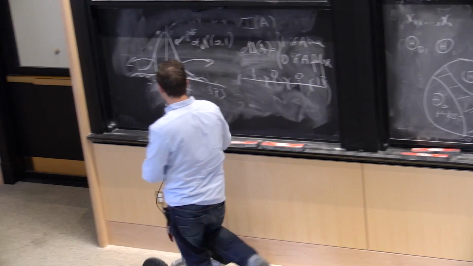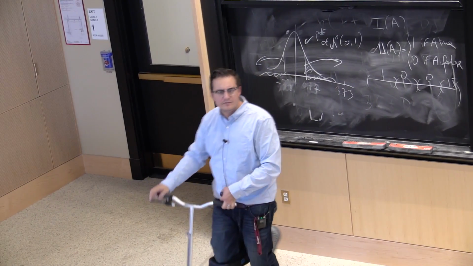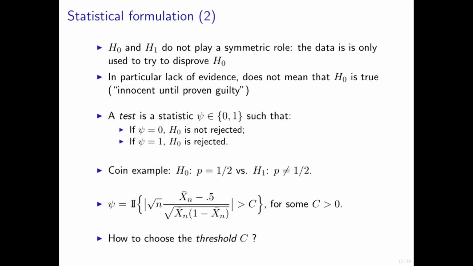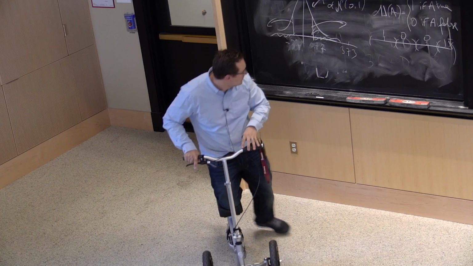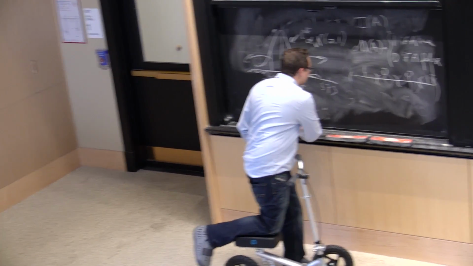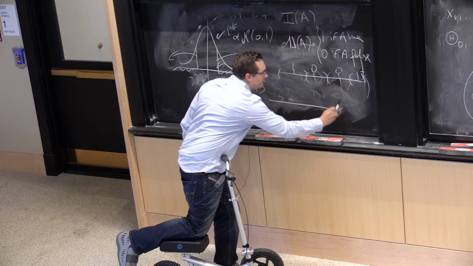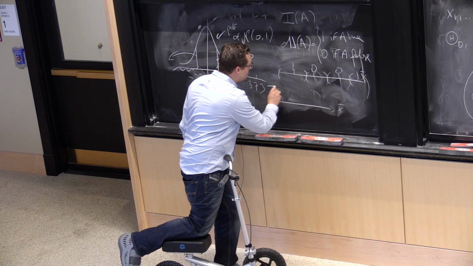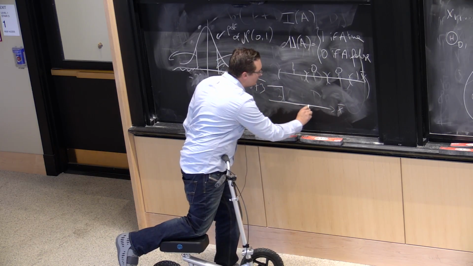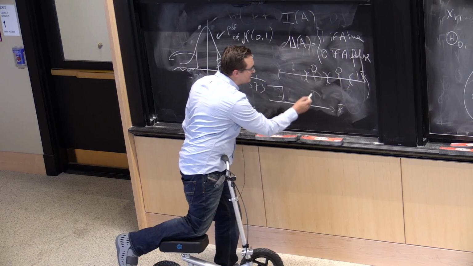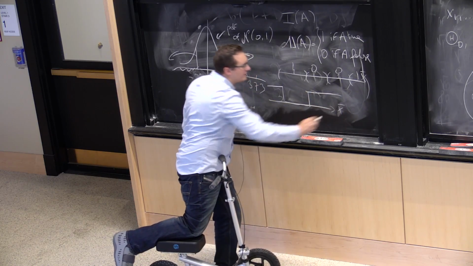Now in this case, it's not clear. I mean, the function is very nonlinear. It's x bar minus 0.5 divided by square root of x bar times 1 minus x bar. If we put the p in the denominator, that would be clear. That would be exactly something that looks like this. The function would be 1 if it's smaller than some value, 0 if it's in between 2 values, and then 1 again.